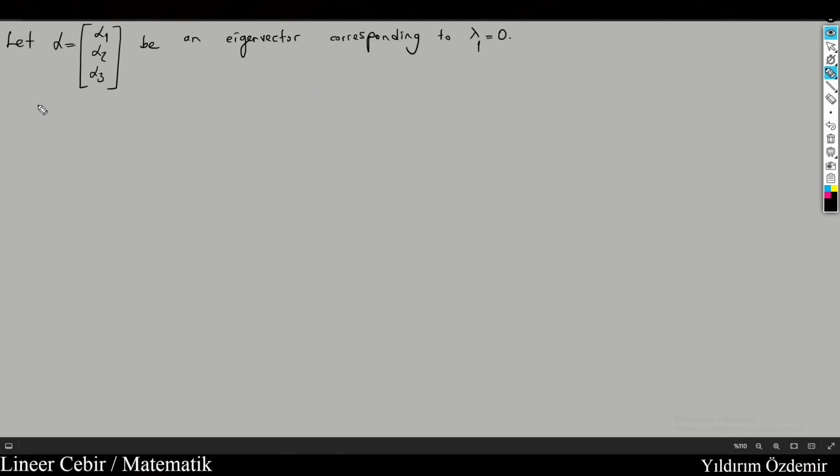Then A minus lambda 1 I times alpha is equal to 0, which implies that since lambda 1 is equal to 0, we have alpha 1 plus alpha 2 minus 2 alpha 3 is equal to 0.